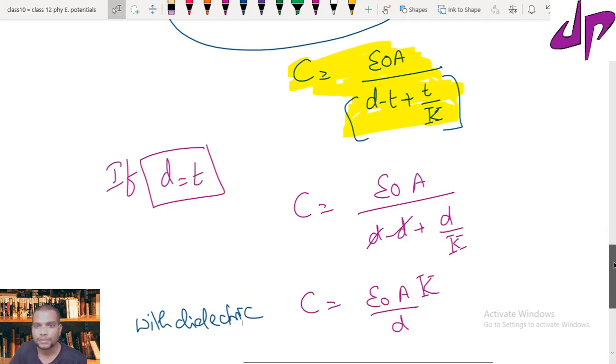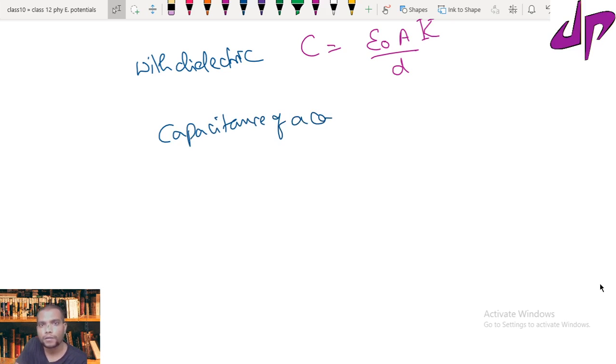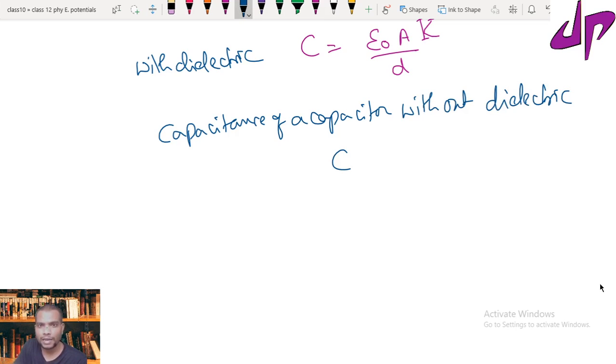Suppose I write the expression for the capacitance of a capacitor without dielectric. I have taken C naught equal to epsilon naught A upon D. So that is the capacitance of a capacitor without dielectric.